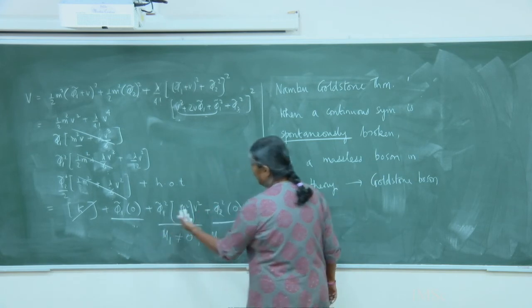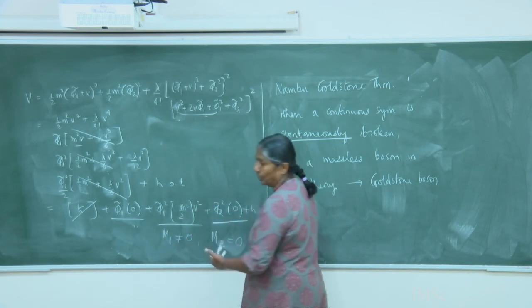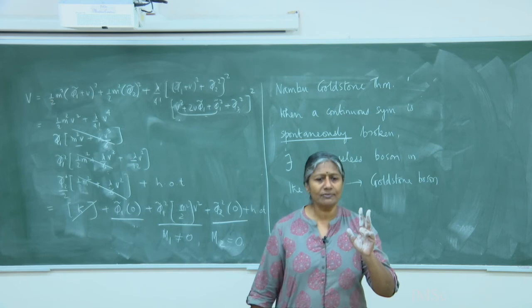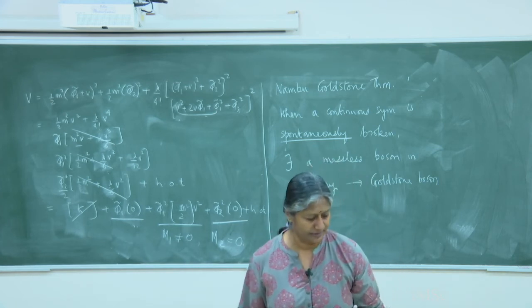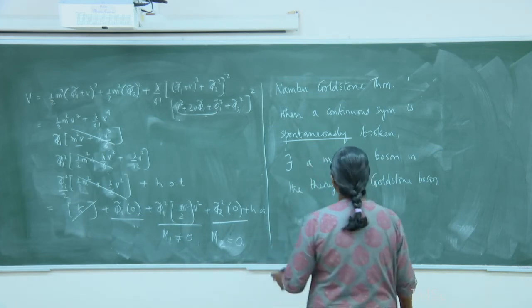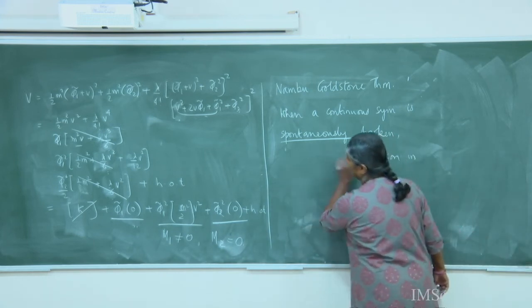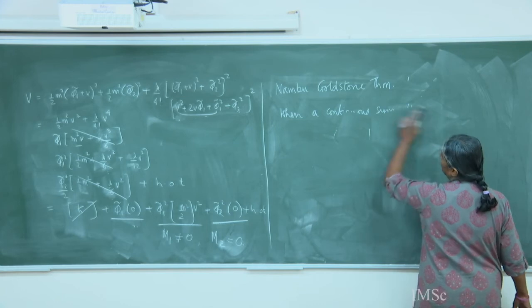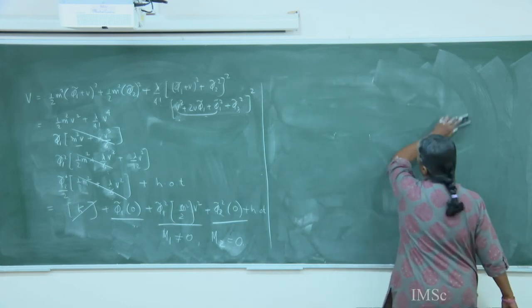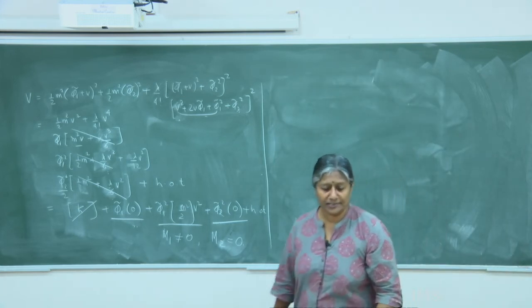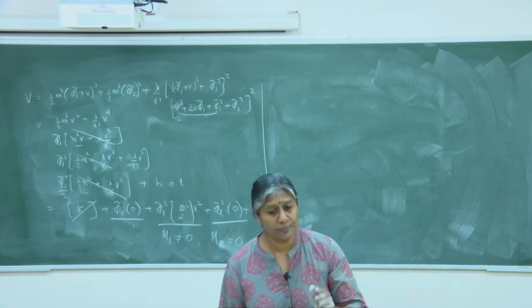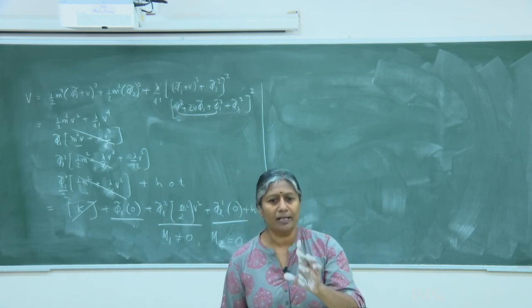I could have put m1 equal to 0 and m2 not equal to 0. There will be one massive and one massless field, okay, in this case. So, there is another physical result and this goes by the name of a theorem. Of course, if there are n number of symmetries, you can count how many massless bosons there are, okay, there will be more. So, for every continuous symmetry that is spontaneously broken, you will have one massless boson.